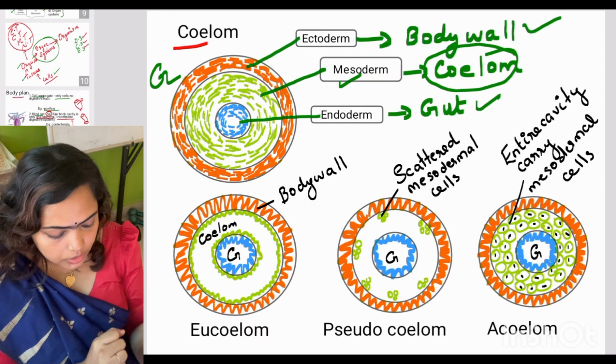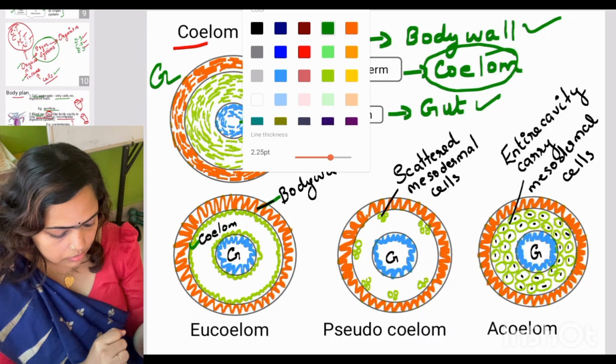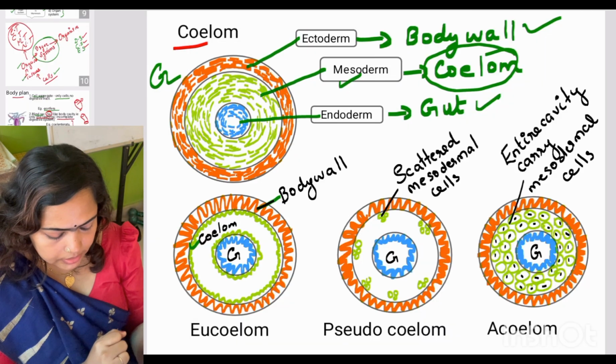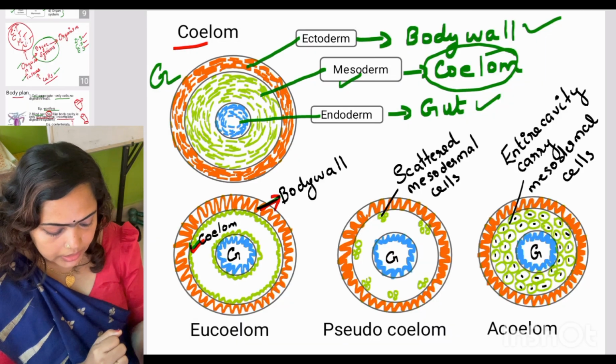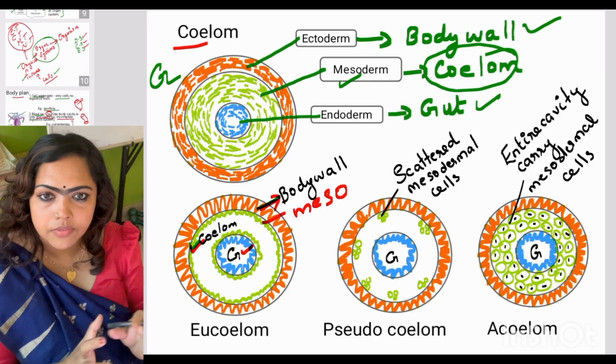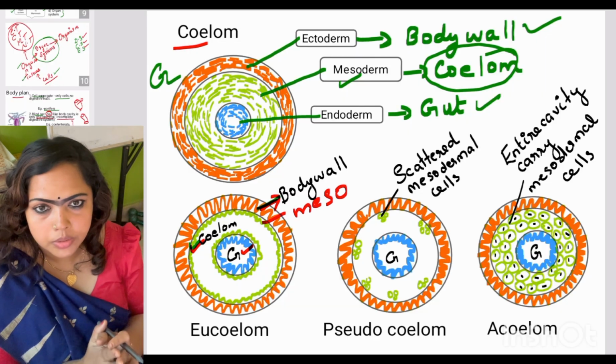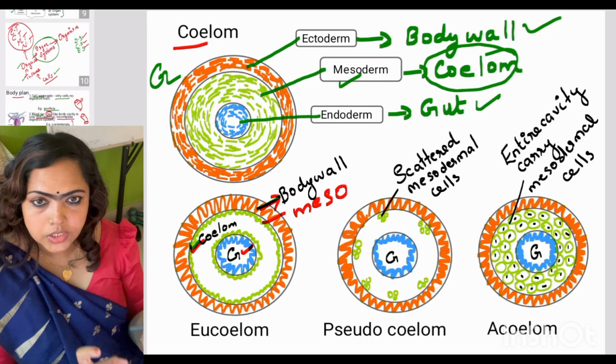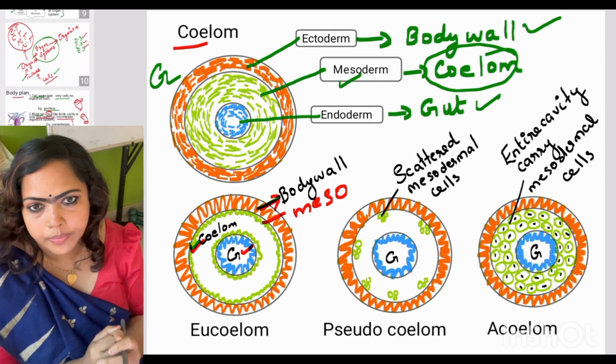See, this is the body wall, this is the coelom, and then this is the gut. This coelom is lined by which layer? Mesoderm. Entirely lined by mesoderm. So such a coelom is called as eucoelom.